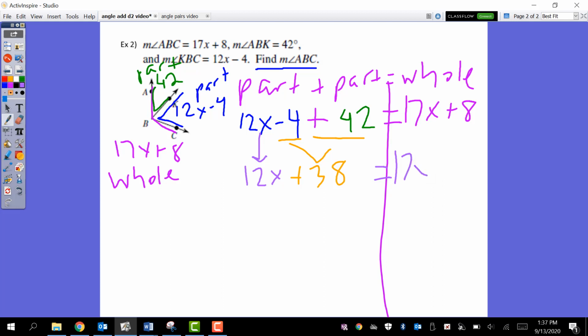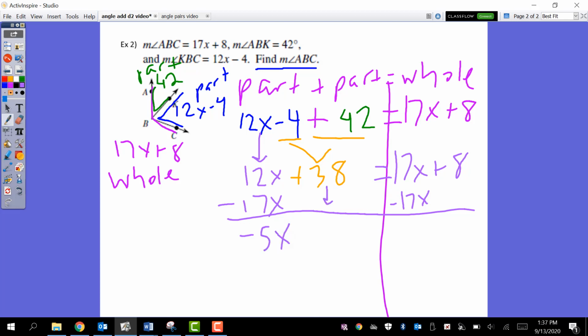No. So I'm just going to bring those down. So now my goal is I need to move x's to the left side. So I need to move this 17x. How do I move it? Well, I've got to do the opposite. So I'm going to subtract 17x. Subtract 17x. So that turns into -5x. Bring down 38. 17 canceled. Bring down the 8.